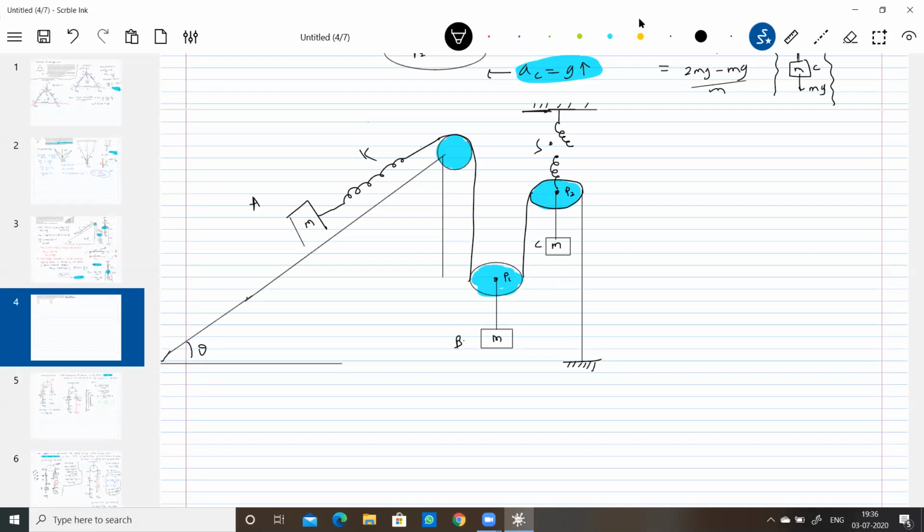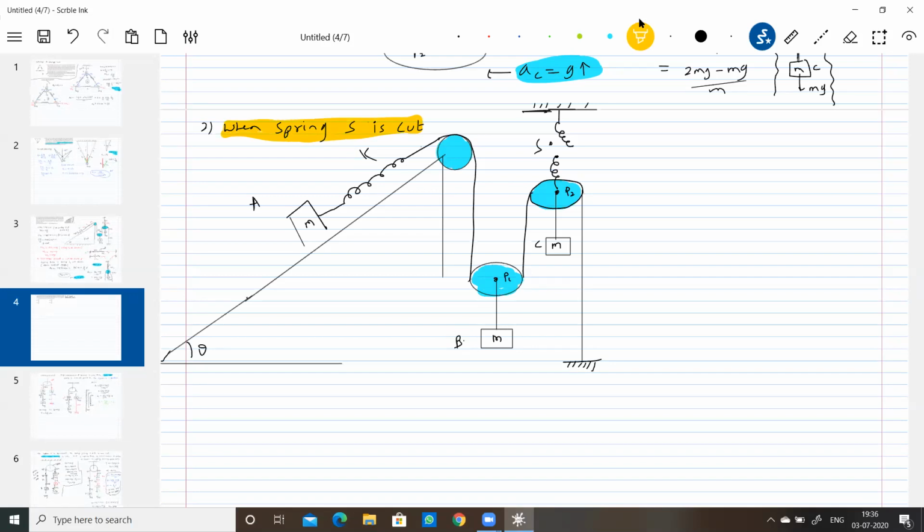When spring S is cut. So the second part of the problem, when spring S is cut. Yeah, we can get into the problem now. What will happen to the spring force? Directly the spring force will vanish, finish, over.